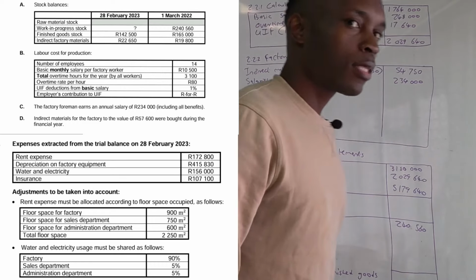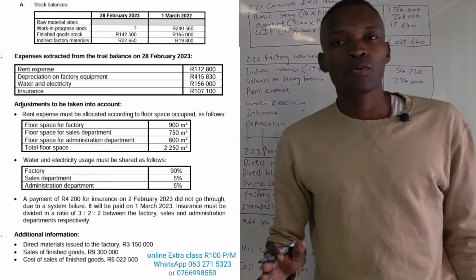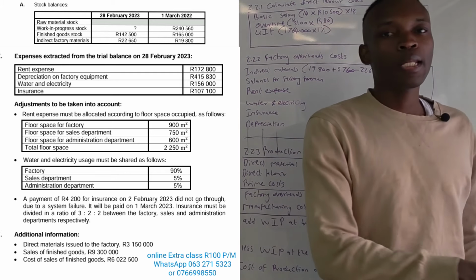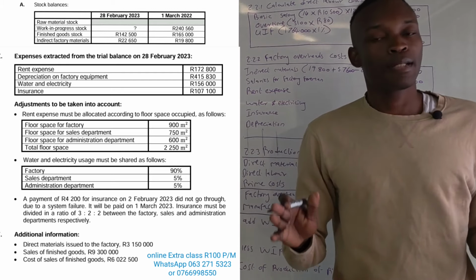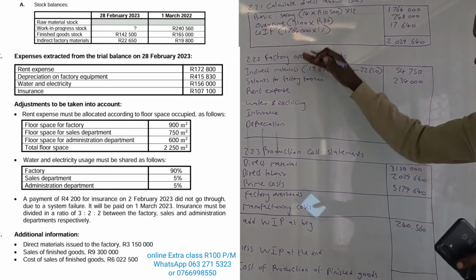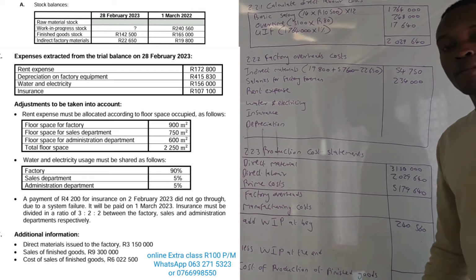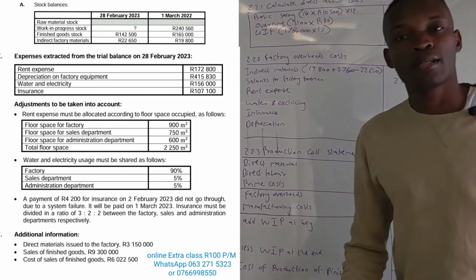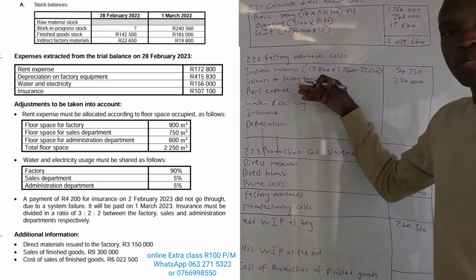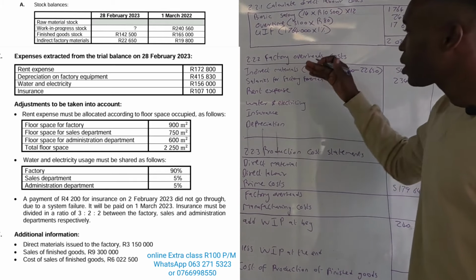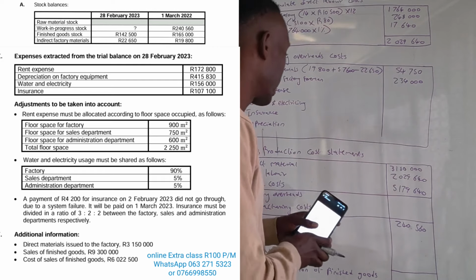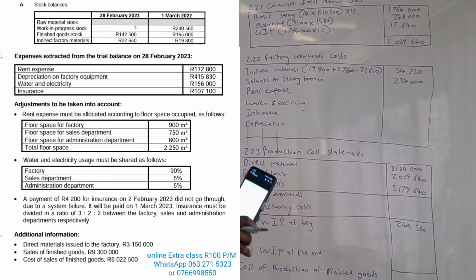Remember, guys, under factory overheads, you only include all indirect cost, indirect material, indirect labor, anything that was indirect but they were part of factory, they form part of this. If you find depreciation for a fridge that was used in the office, it's not part of factory, guys. It's part of what? Admin. Here we only include anything that is related to factory but which is indirect, because the direct are calculated separately.